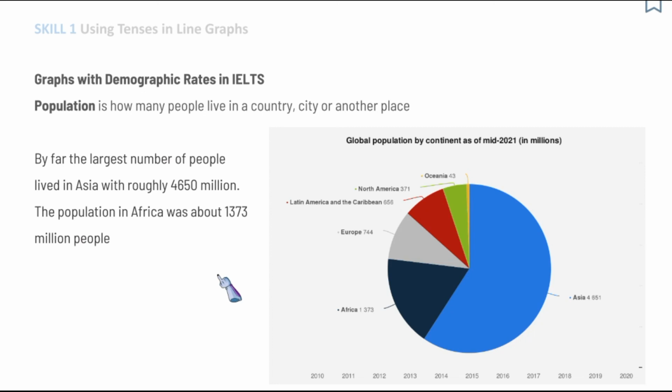Population, I'm sure you know what population is, but I will just make it super clear. So population is how many people live in a country, city, or another place. And here on the screen you can see a pie chart, which is about global population by continent.